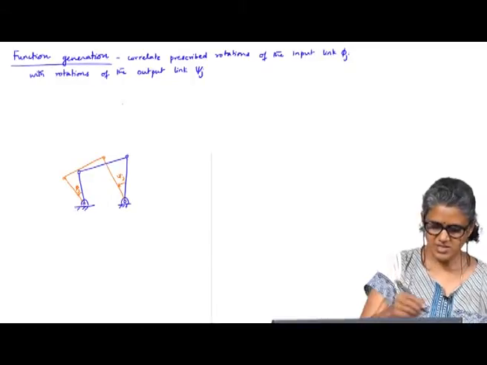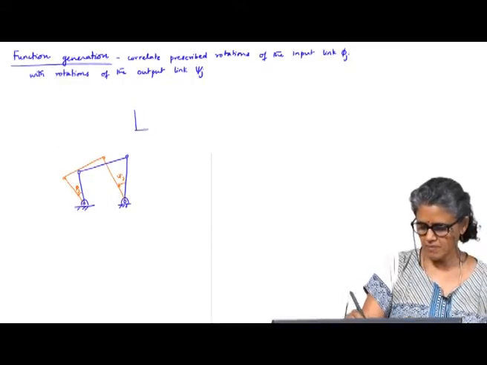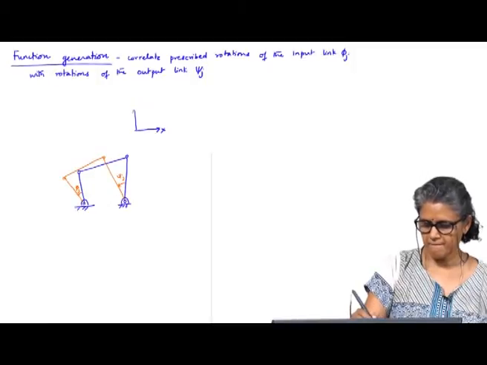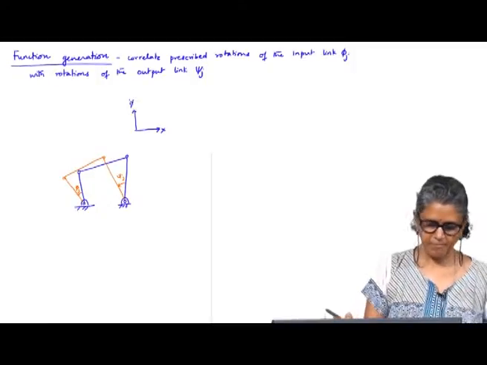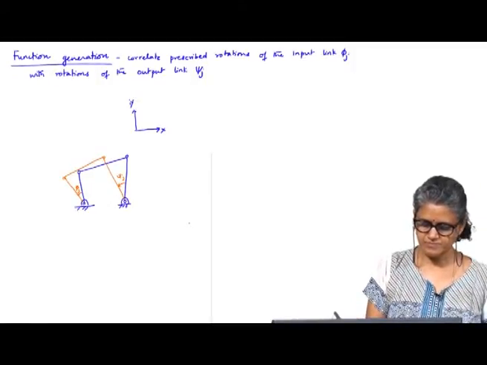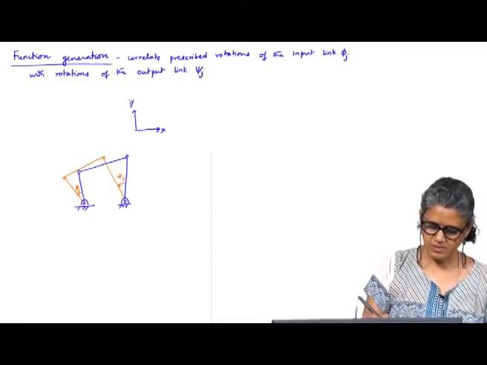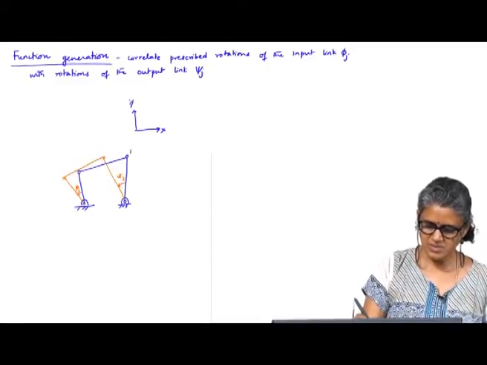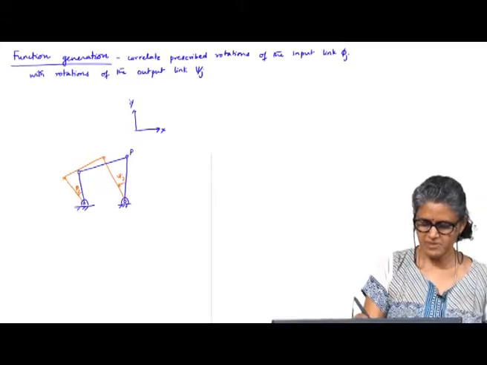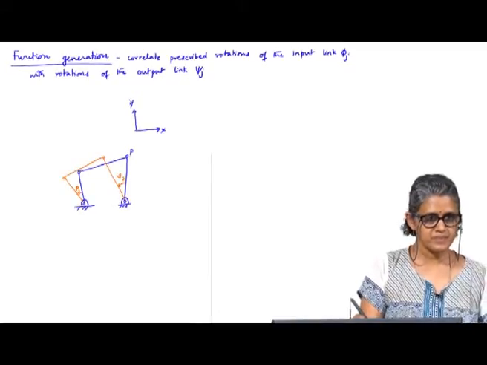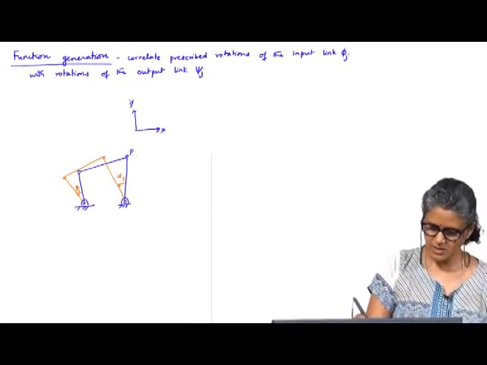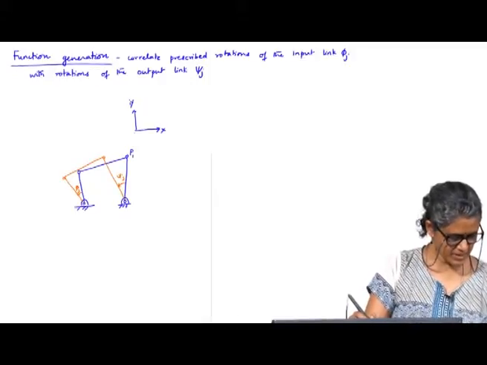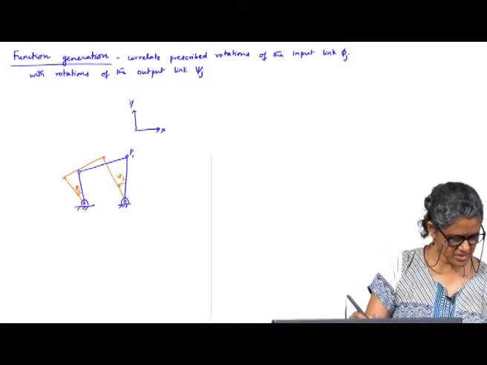So I could essentially take this as my point P. This is also on the coupler, okay, P in the position 1, and then see how I can set up the loop.